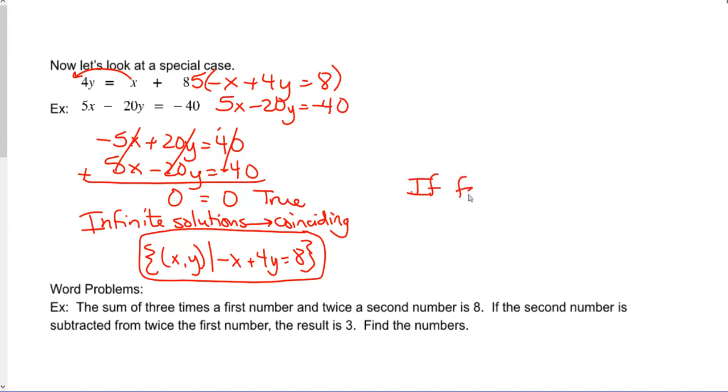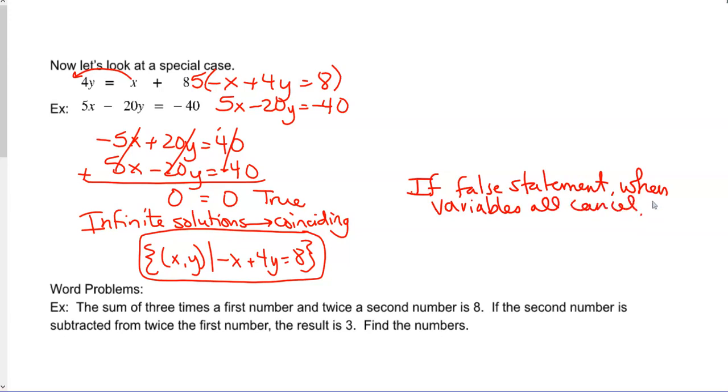If you get a false statement, when the variables all cancel, there is no solution.